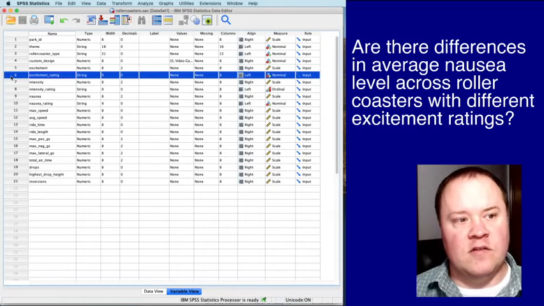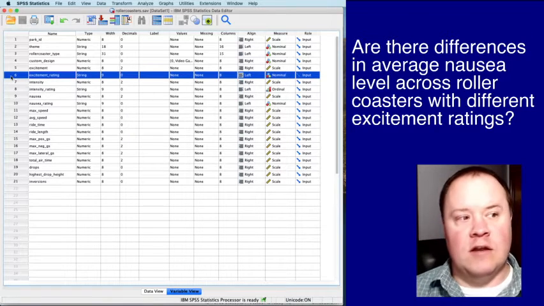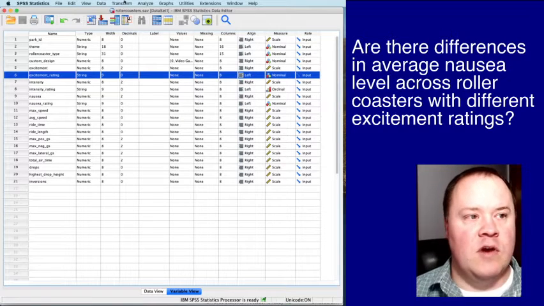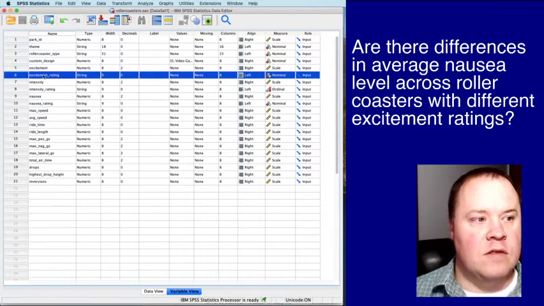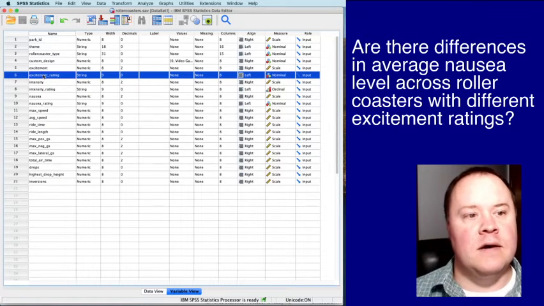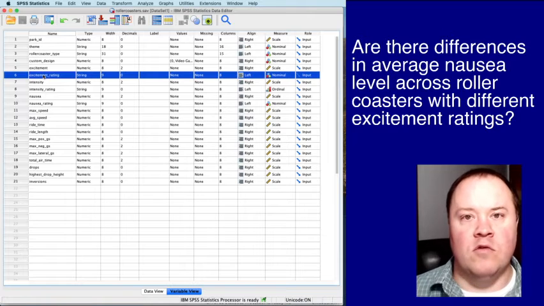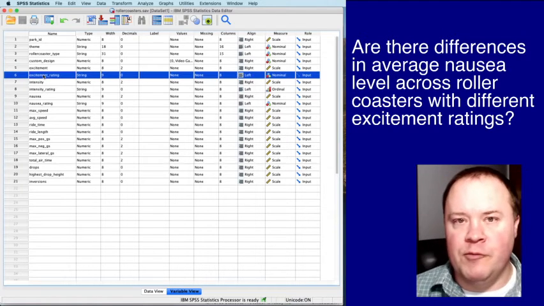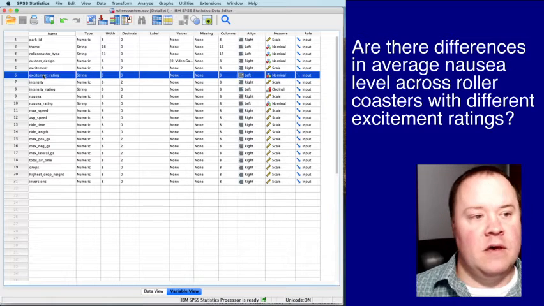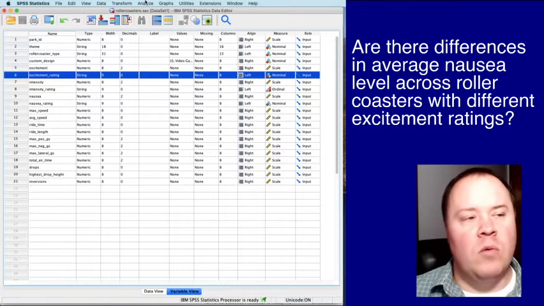And right now it's a string variable. So that's why we're going to have to change this, because if we try to run an Anova on this with the string, it's not going to recognize it in the right format to separate it out as a grouping variable or as a factor. Those have to be numeric, but set to be nominal, if that makes sense. Okay, we'll get into that in a minute.